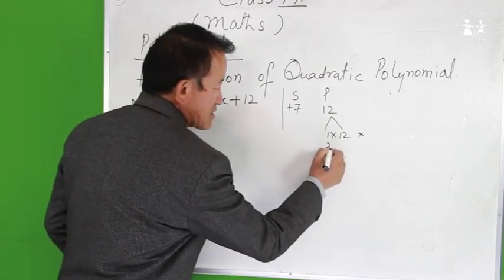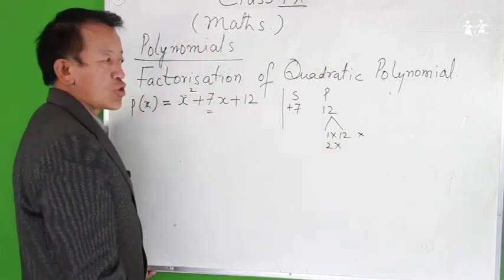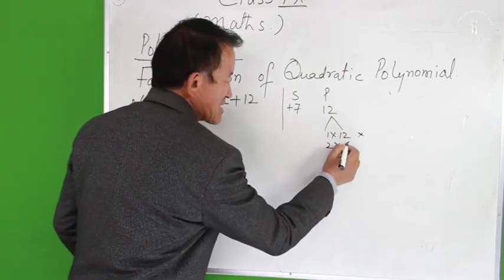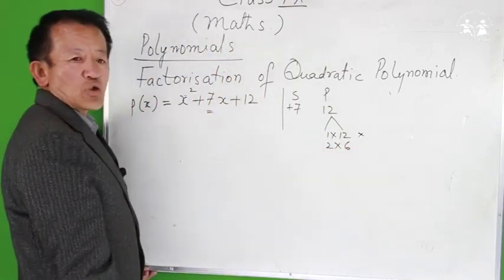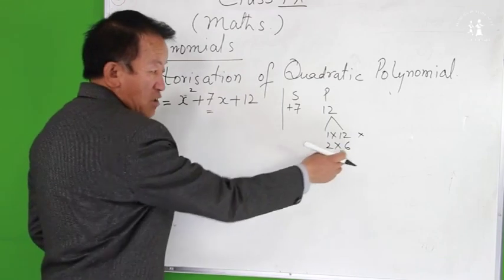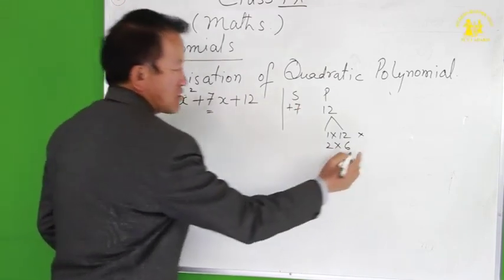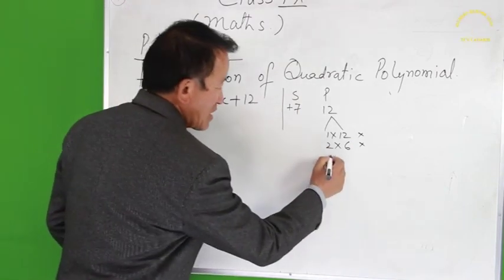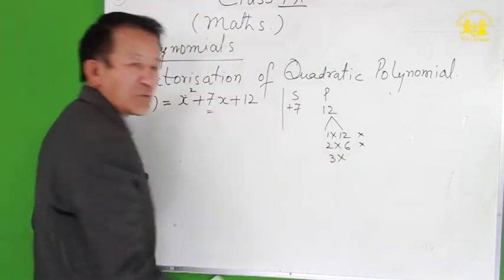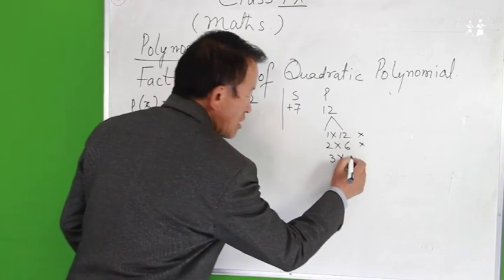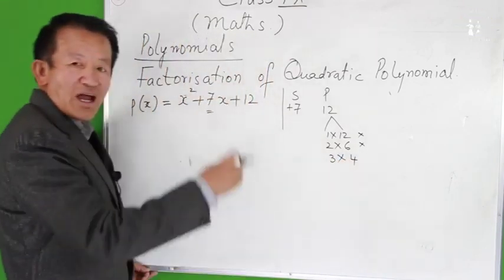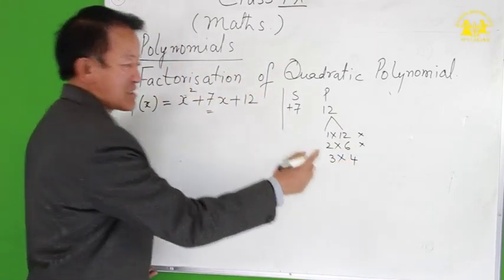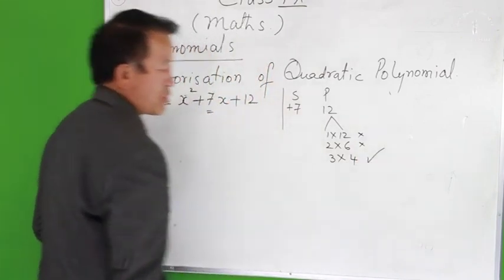Then the next factor is 2. 2 sixes are 12. If we add these two, we will not get 7, so these are not the numbers. And then the next factor will be 3. 3 fours are 12. If we add 3 and 4, we will get 7. So these two are the numbers.